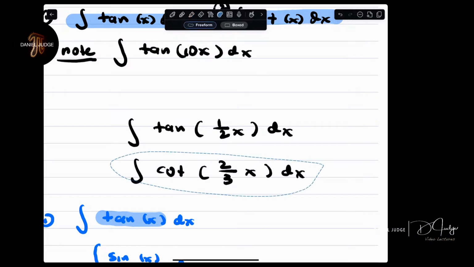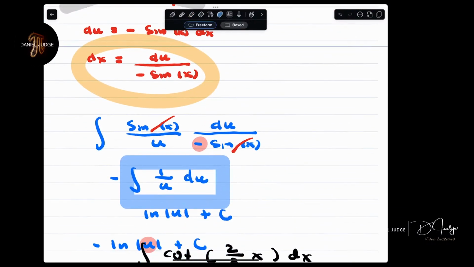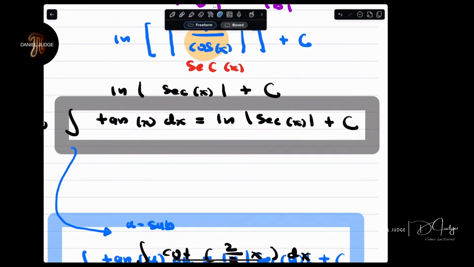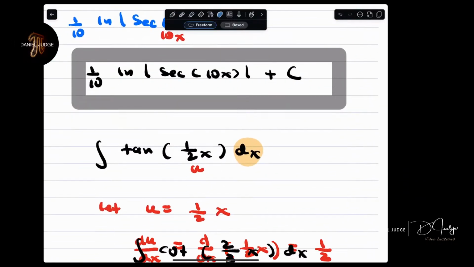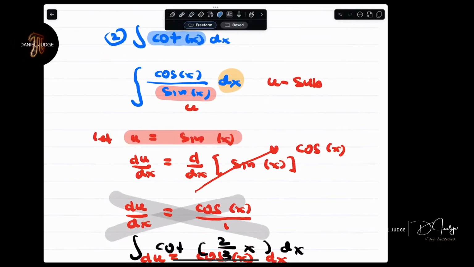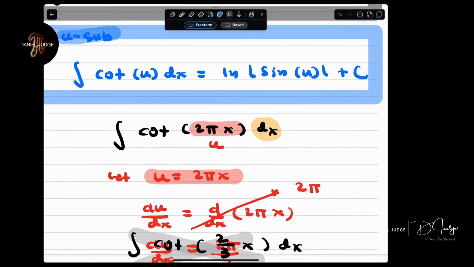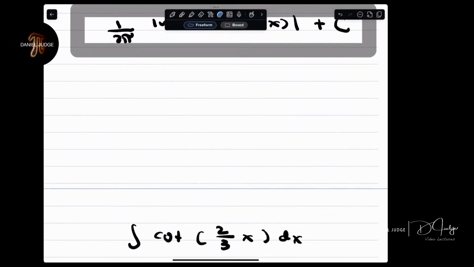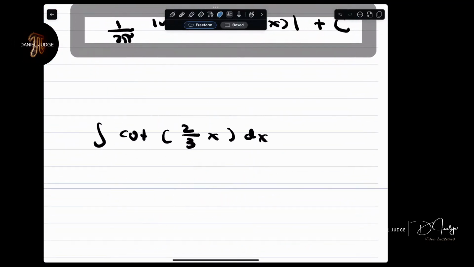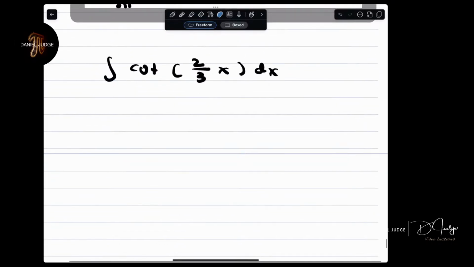I'm going to bring that one down. We're just going to go through the u sub process with this formula. That's going to be a common theme that we'll see with these integral formulas. So, ladies and gentlemen, let's try this out. Right in here, this is our u.